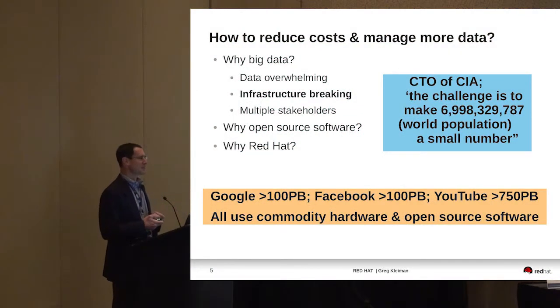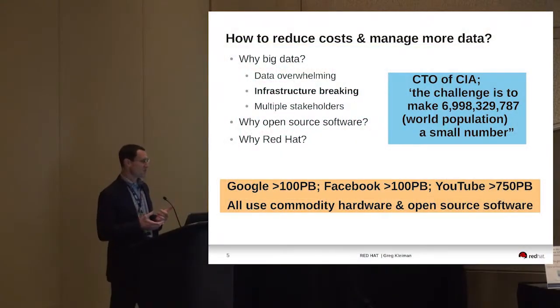The second is that the mass of data is also breaking our infrastructure. If you follow the CTO of the CIA, he had an interesting way to put it, which was that the challenge here is to try to make 7 billion a small number. That's the number of people in the world. The thinking is everybody's going to have devices, everybody's going to be generating data 24/7, 365 days a year. We've got to figure out how to make that quantity of data small so we can manage it.